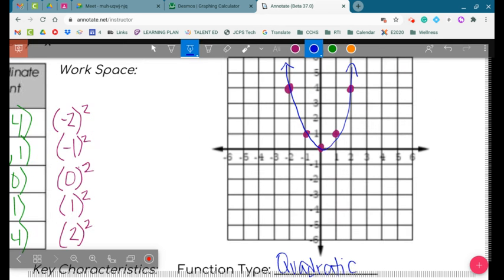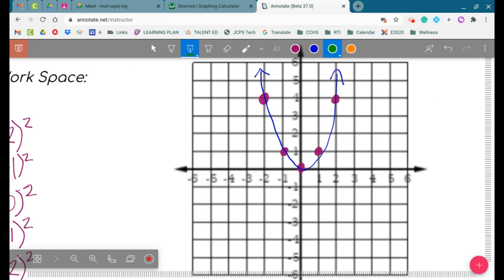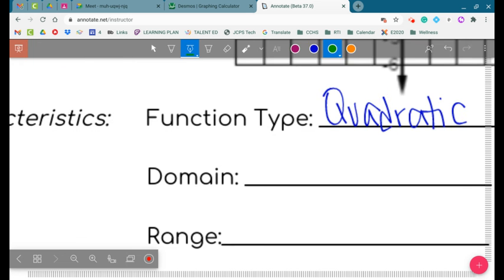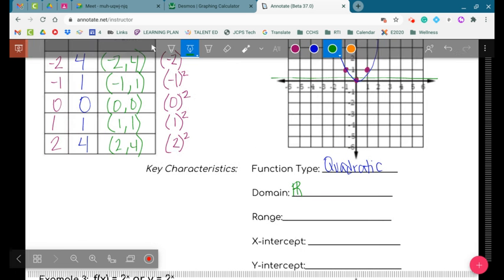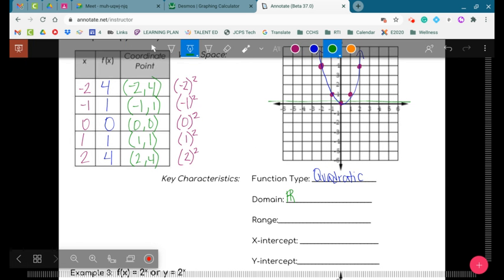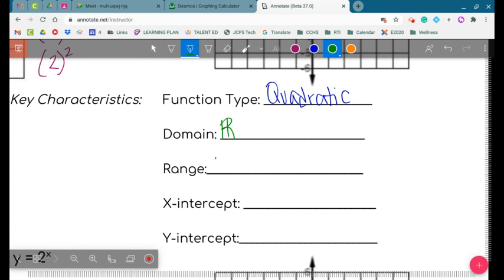Okay, now for our domain, that's all of our x values. So how far is it going to go on the x-axis? Well, those lines are going up, and they're going to continue going up forever. So it's going to get an infinite amount of x values. So we're going to call this all real numbers again. Now our range, because it's just at 0 and going up, it's going to be y is greater than or equal to 0.